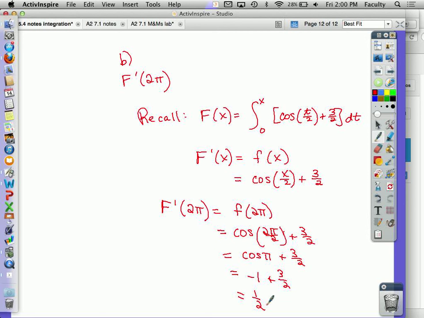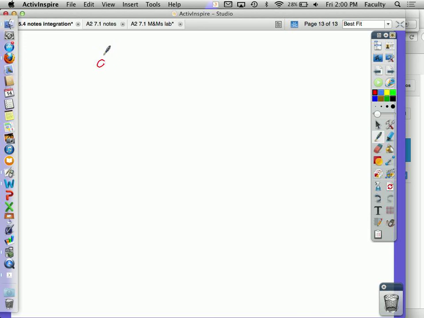All right, then the last part, letter C, was to find the average value. And we have a formula for average value that you guys are supposed to remember. It's 1 over b minus a, the integral from a to b of f of t dt.